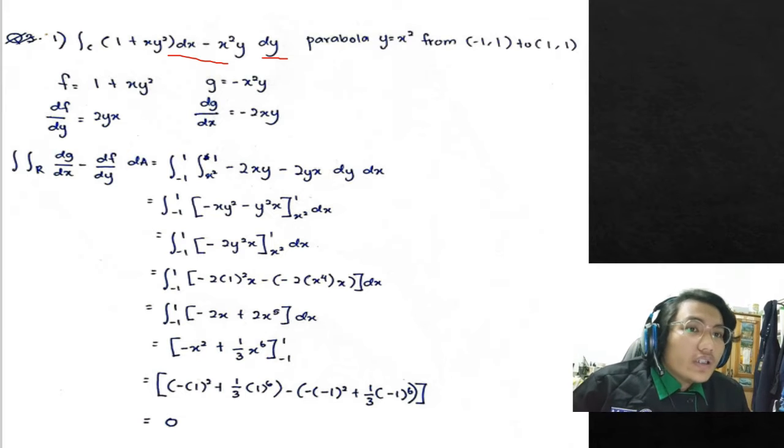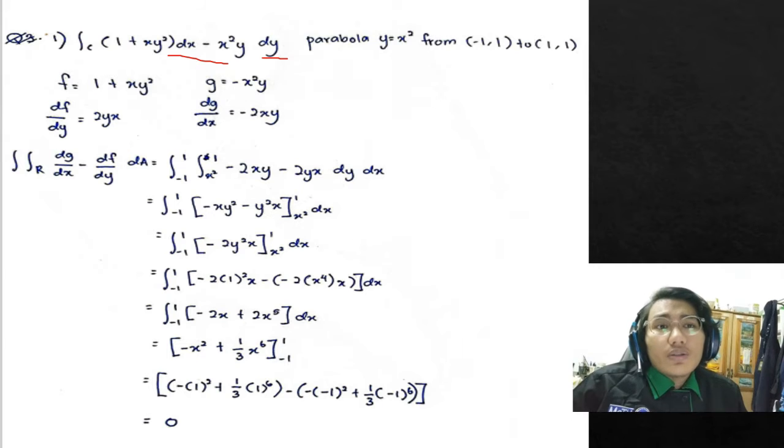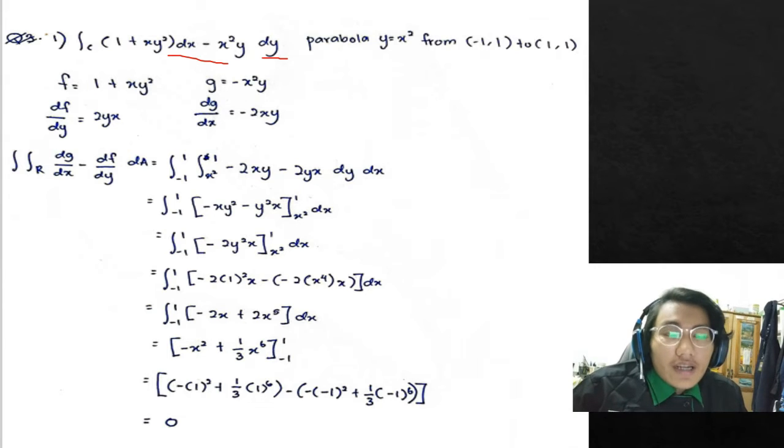Then we use Green's theorem, which is double integral of dg over dx minus df over dy dA, equals double integral of negative 2xy minus 2yx dy dx.